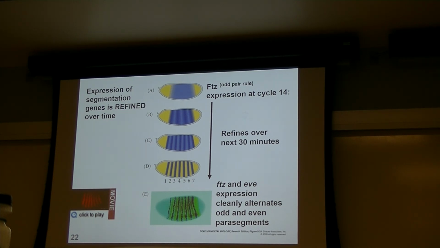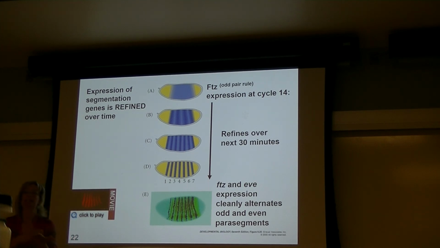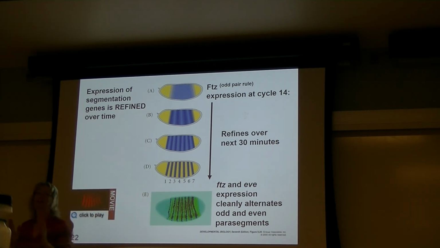So initially, Fushi-Tarazu is kind of expressed in a diffuse way, and then as time goes by, let's say you did immunohistochemistry in a staged fashion over these different embryos, you would see that the longer you let the embryos develop, the more sharp and clear the boundaries were for the expression of Fushi-Tarazu.